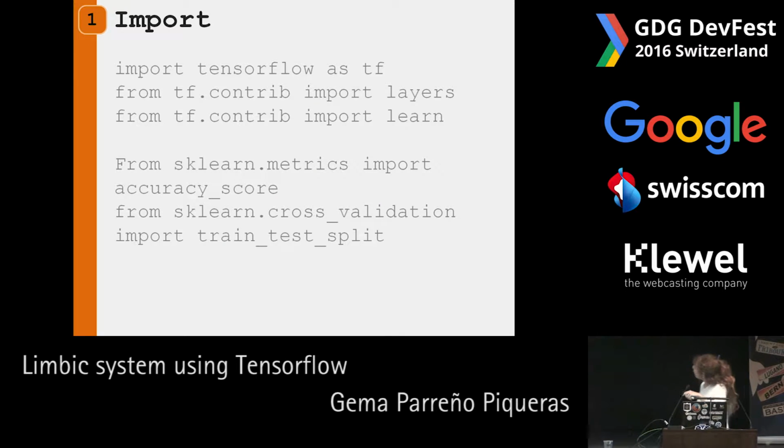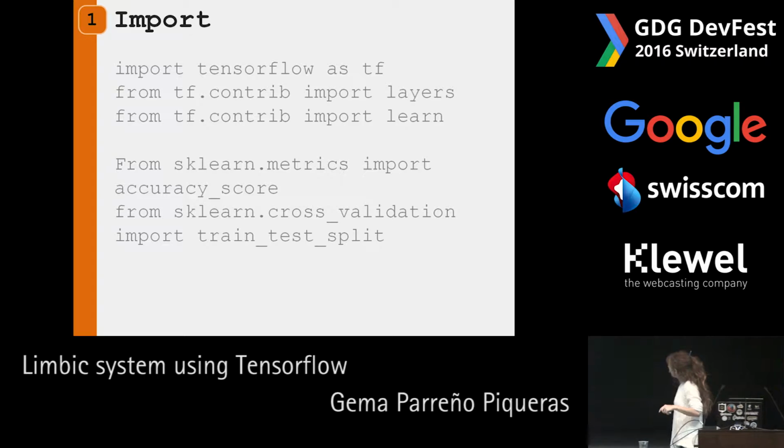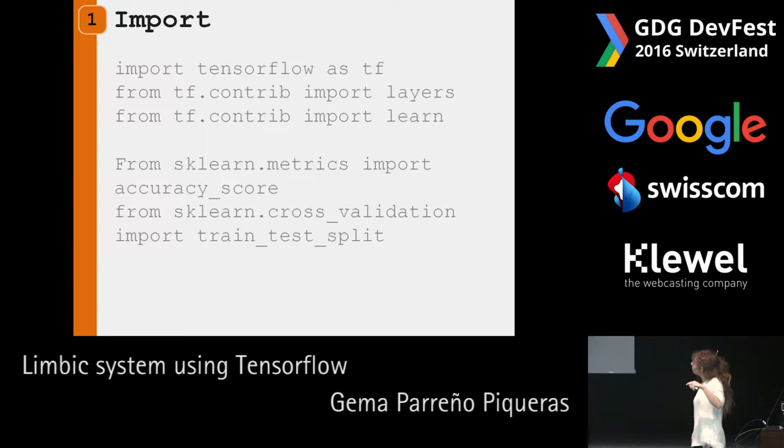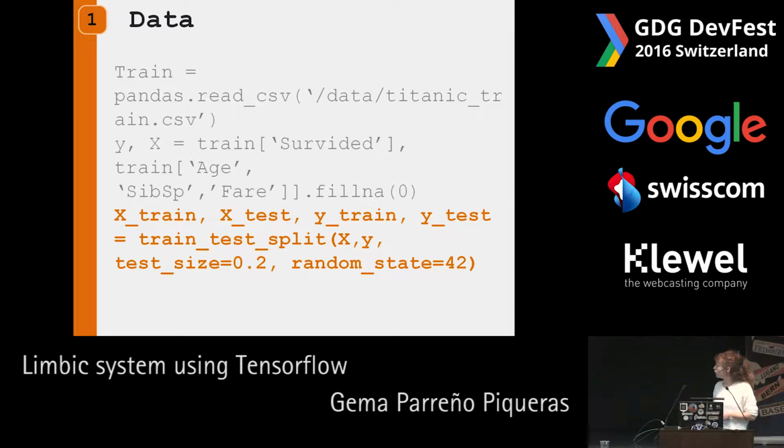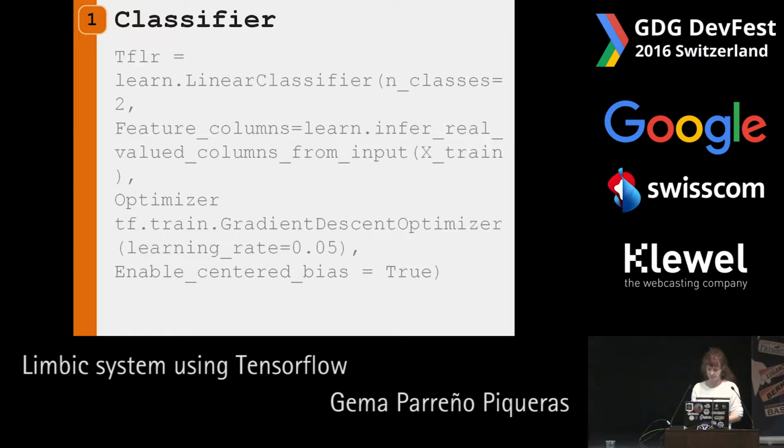With TensorFlow, I'm going to import the learn layer, but I'm also going to import the metrics, because in this approach, TensorFlow is very focused on graphs, as Michaela said, and in this experiment, I wanted to put only the accuracy to test it. So here, as you can see, we also split into the training and test data.